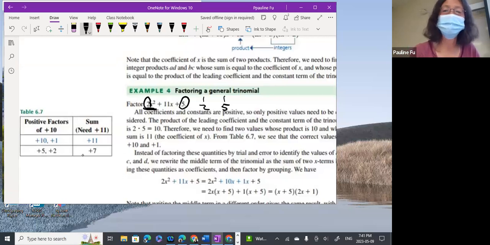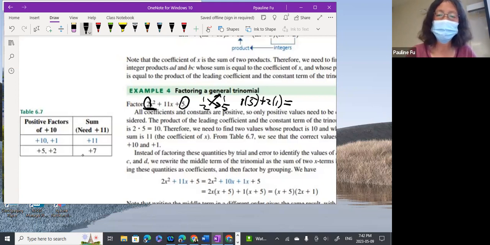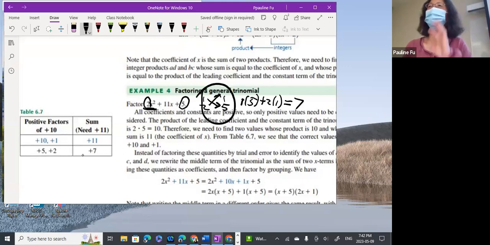And when you cross multiply, 1 times 5 plus 2 times 1, this number must equal 11. If equal to 11, that is successful. But this one, I got 7, not 11. So this is not successful. This arrangement, no, not good.